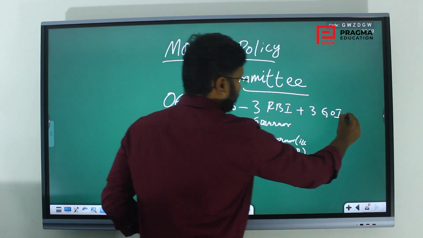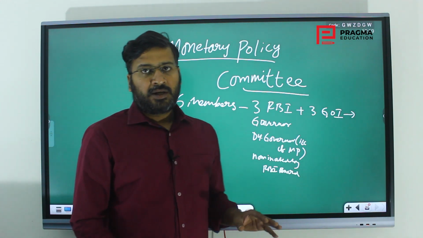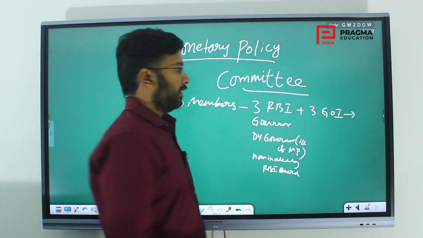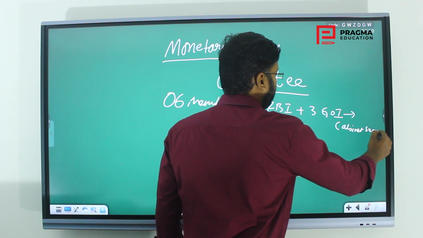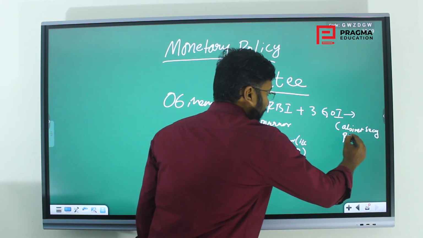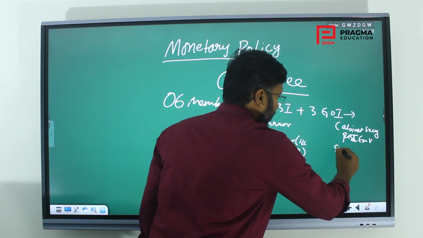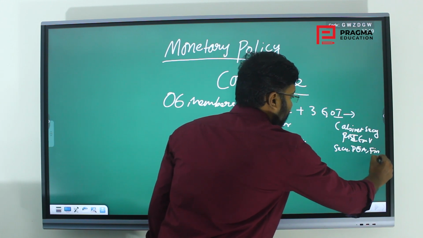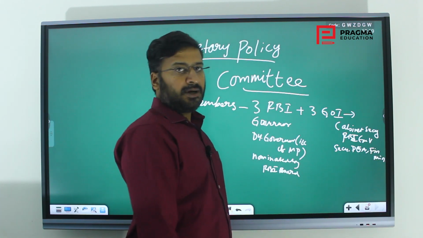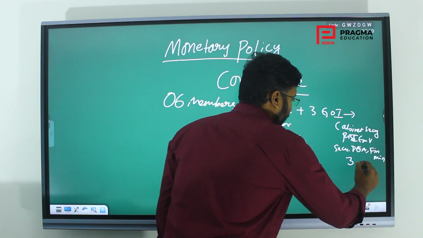Next, the 3 Government of India members are representatives of the Government of India who are selected by a selection committee. The selection committee consists of the Cabinet Secretary, the RBI Governor himself, the Secretary, DEA, Department of Economic Affairs, Ministry of Finance, and 3 experts in banking and economy that are nominated by the Government of India.